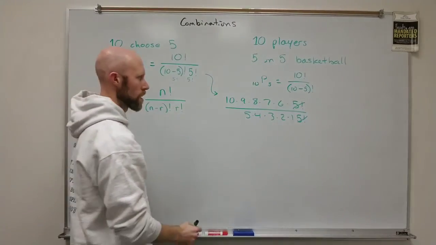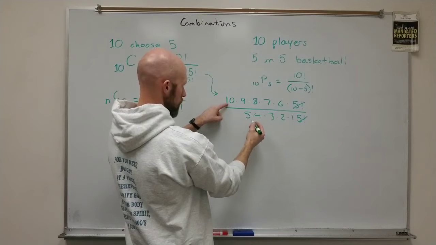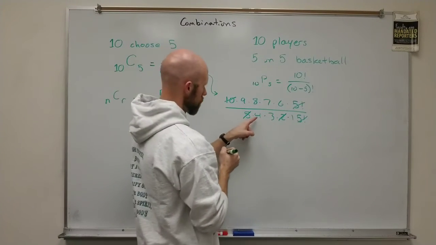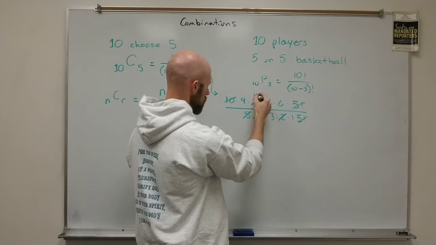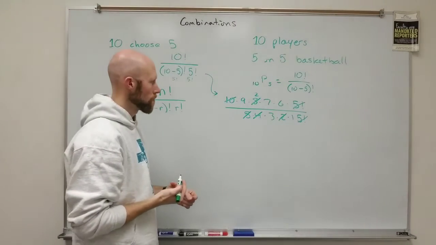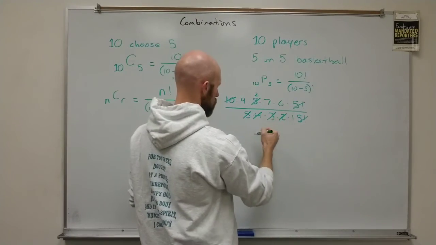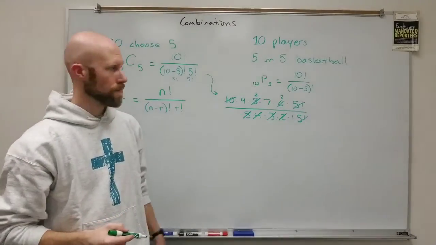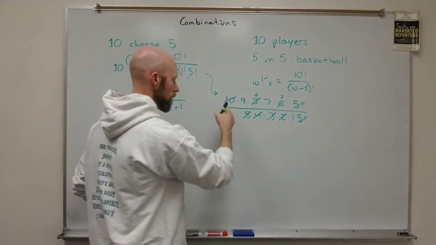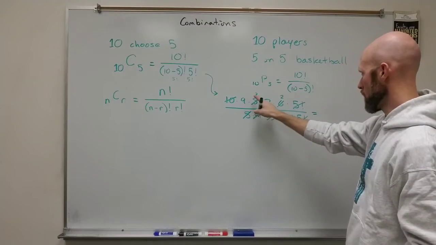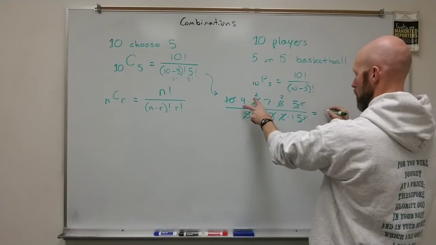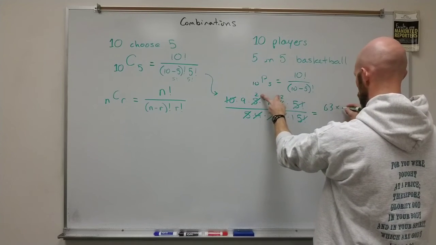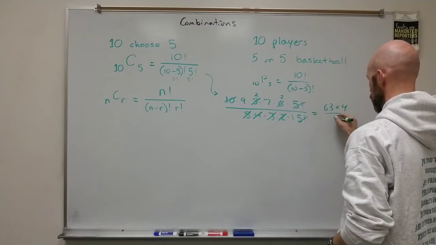Okay, so let's see. The 10 cancels with the 5 and the 2. The 4 cancels with the 8, or reduces to make it 2. And the 3 reduces with the 6 to make it 2. And so the 1 is the only thing left on the bottom. On top, I'm left with 9 times 2 times 7 times 2. That's 63 times 4 over 1.